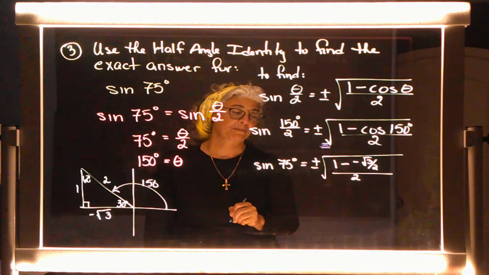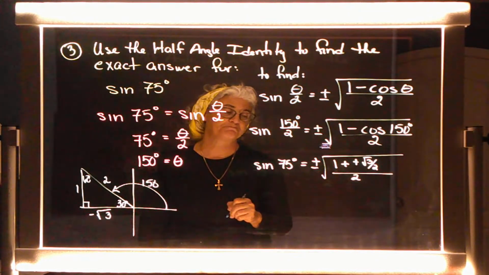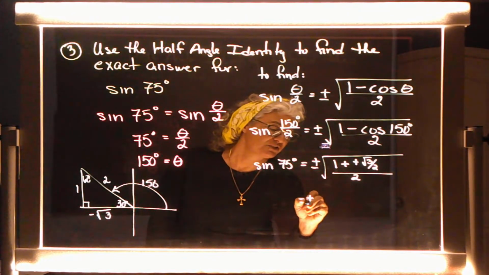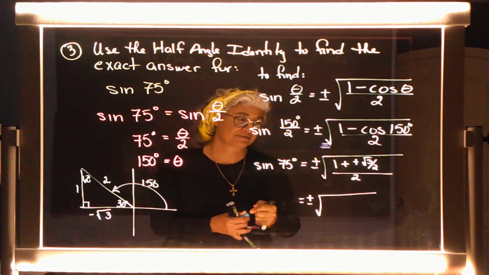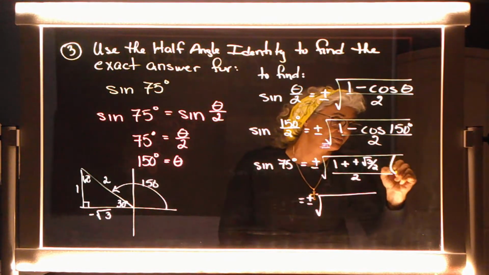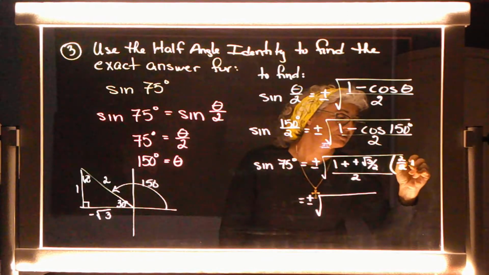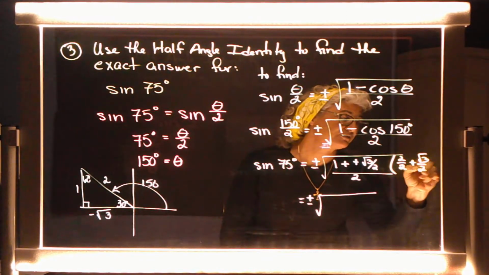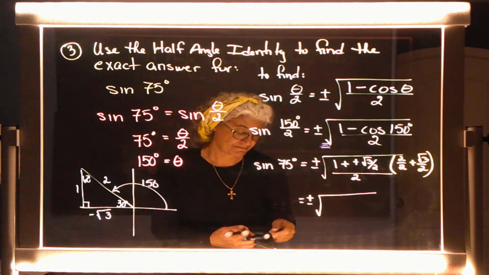With me? Okay, so we know this is going to be an addition problem, right? In the numerator, let's get our algebra. We're adding fractions, aren't we? 1 can be rewritten as 2 over 2 plus the square root of 3 over 2. Do you agree?